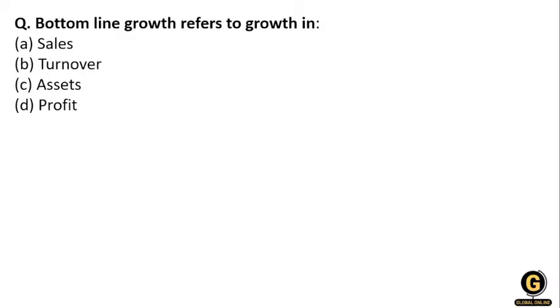Bottom line growth refers to the growth in your profit. Option number D is correct, that is, growth in your profit.